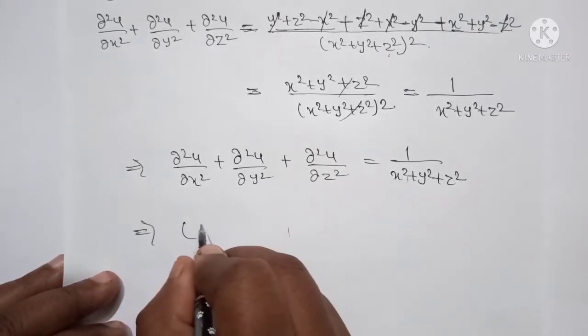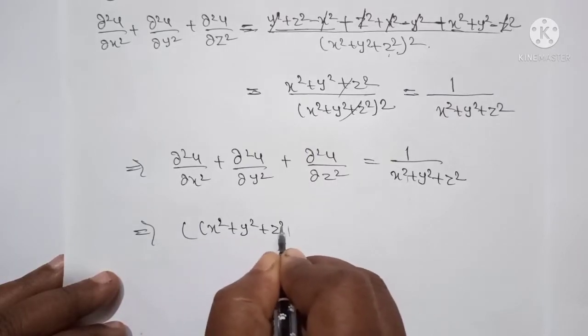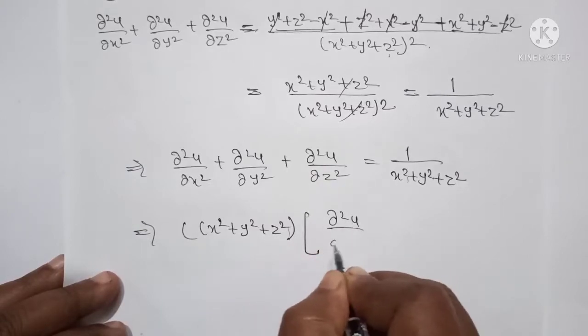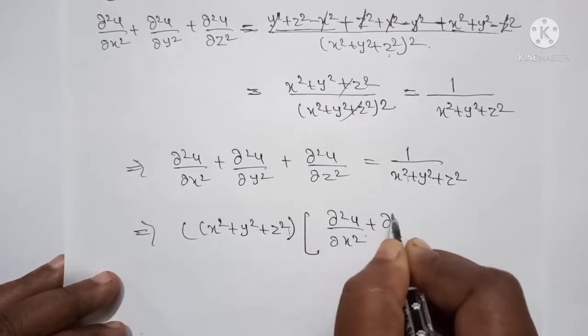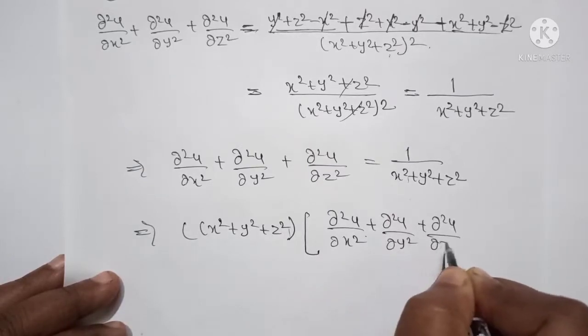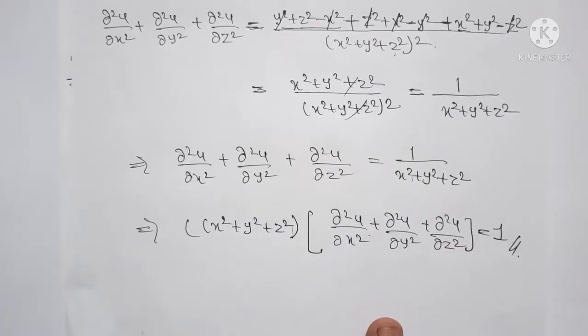taking this to the LHS, we get (x square plus y square plus z square) into (∂²u/∂x² plus ∂²u/∂y² plus ∂²u/∂z²) equals 1. So this is the required answer for this second one.